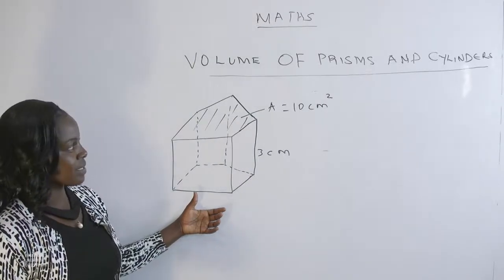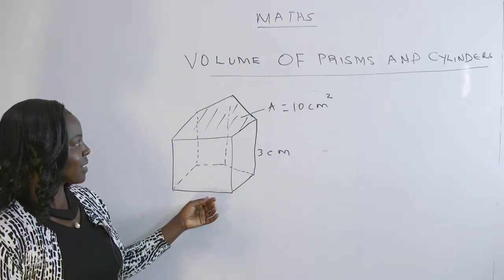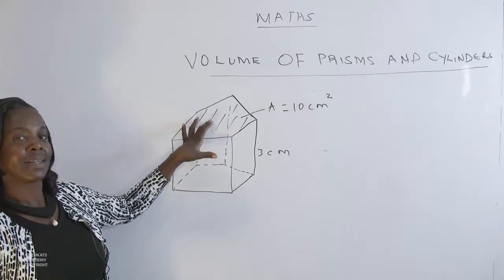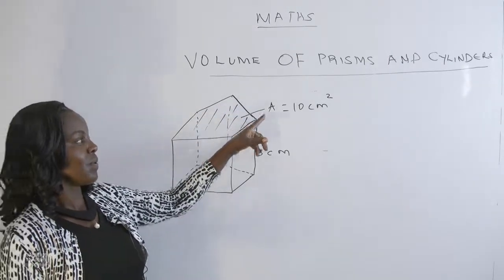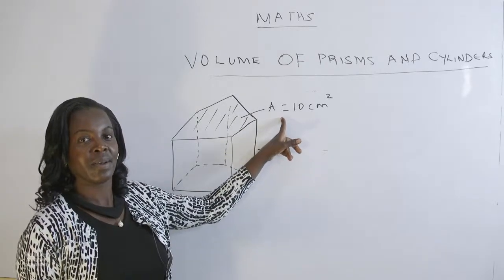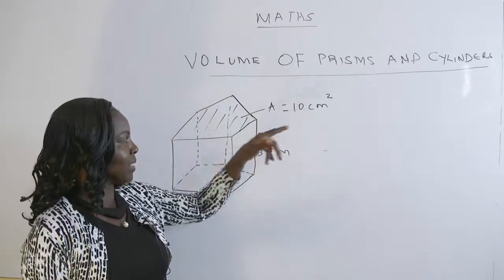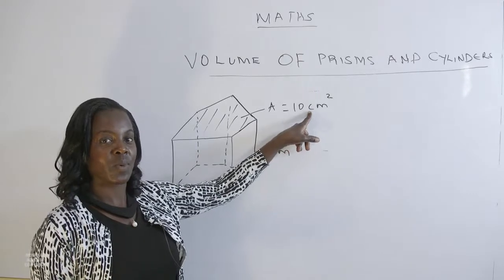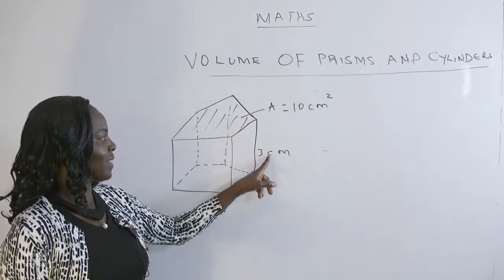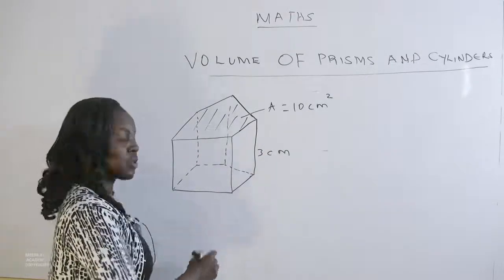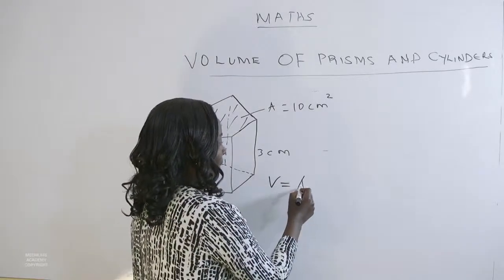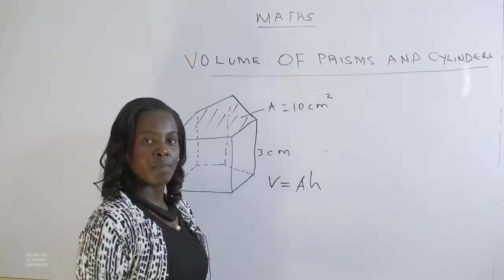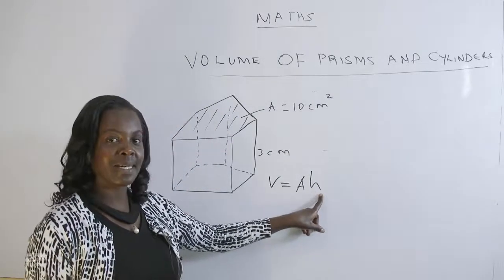So let's look at this three-dimensional object. We are given the base area, the top face here, and we are already given the base area. So area is 10 square centimeters. Then we are given the height. We'll still use the formula: volume is equal to the base area times the height.